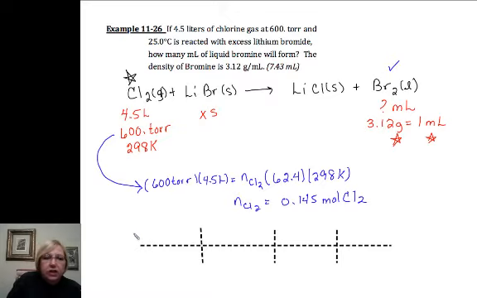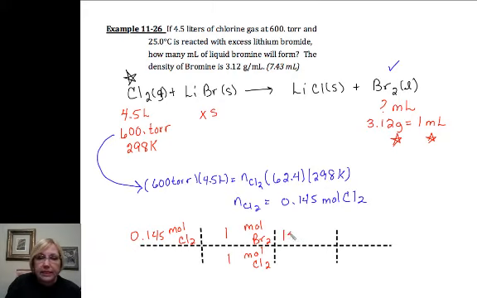So let's start. We've got 0.145 moles of chlorine. We want chlorine to cancel, so we're going to put moles of chlorine in the denominator and moles of bromine in the numerator, and that's a 1:1 mole ratio. And don't forget, it's Br2 because it's diatomic, so its molar mass is also doubled, grams for every 1 mole of bromine.